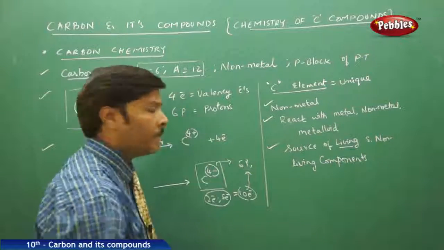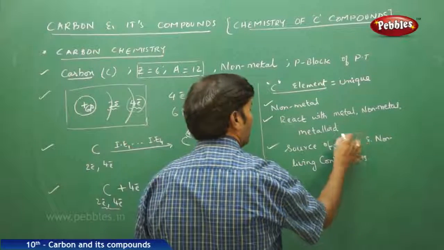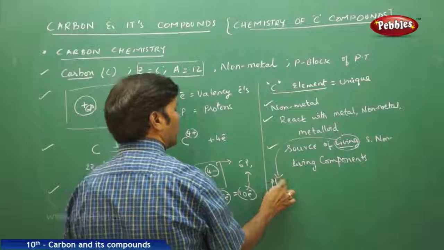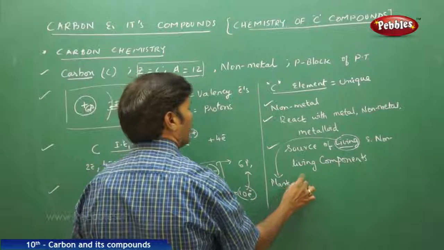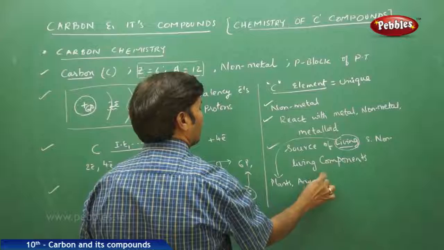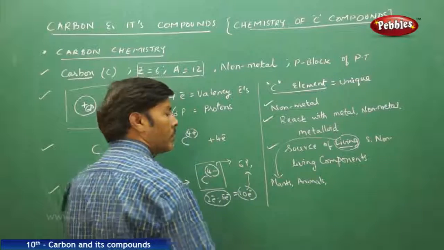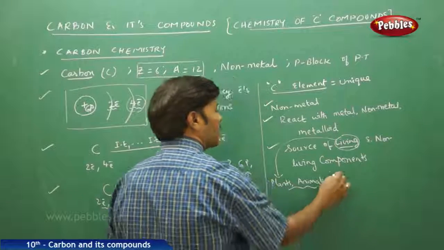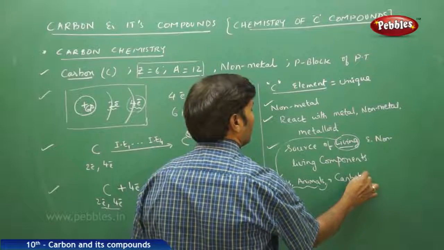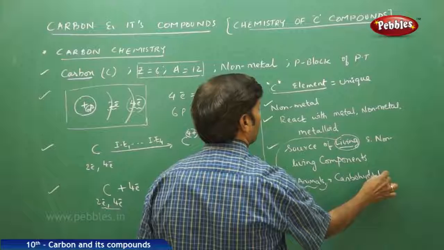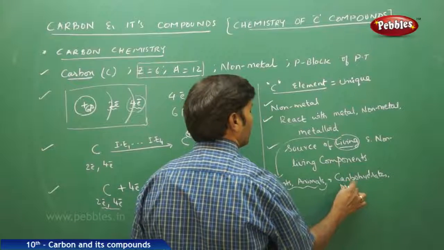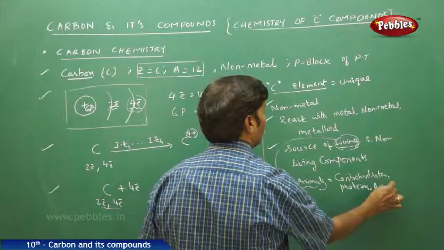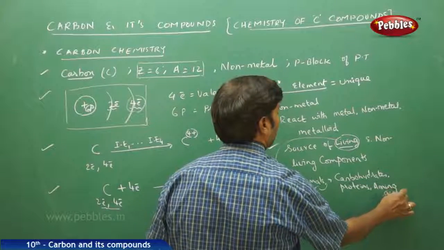If you take the living source, for example plants and animals, these in turn produce certain energy sources like carbohydrates, proteins, amino acids, and so on.